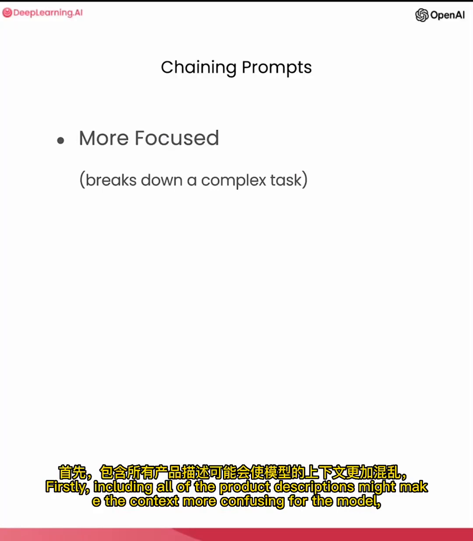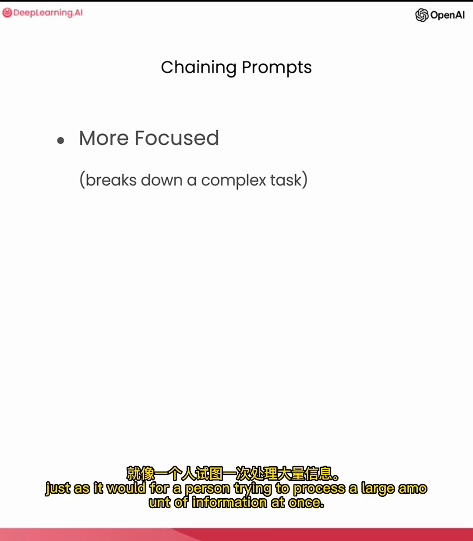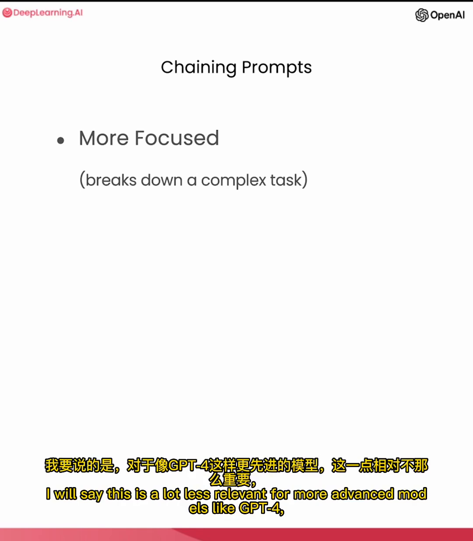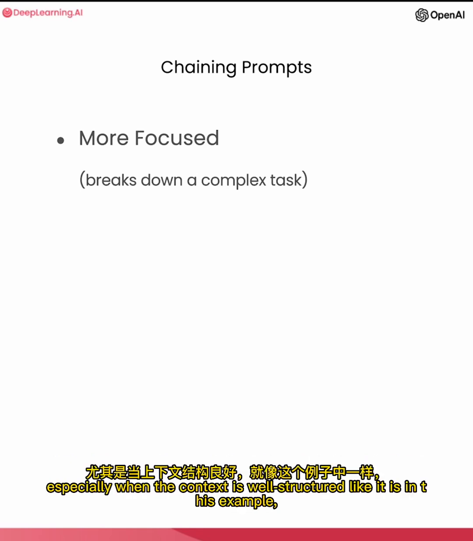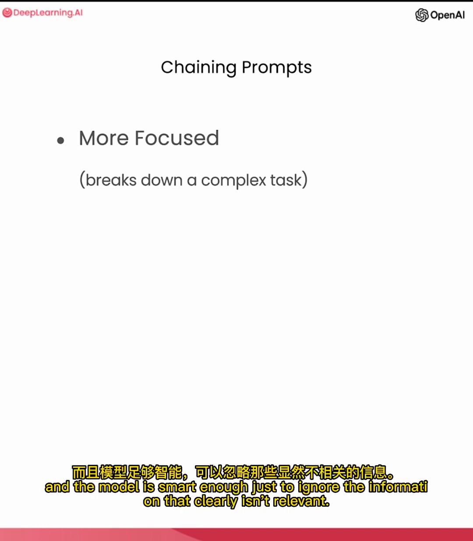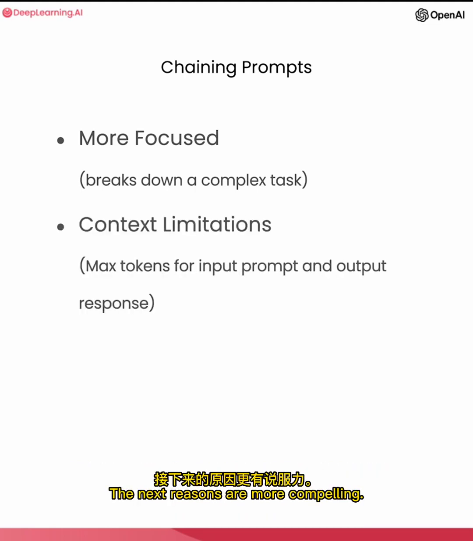Firstly, including all of the product descriptions might make the context more confusing for the model, just as it would for a person trying to process a large amount of information at once. I will say this is a lot less relevant for more advanced models like GPT-4, especially when the context is well structured like it is in this example, and the model is smart enough just to ignore the information that clearly isn't relevant. The next reasons are more compelling.